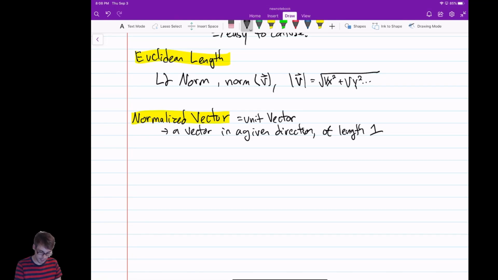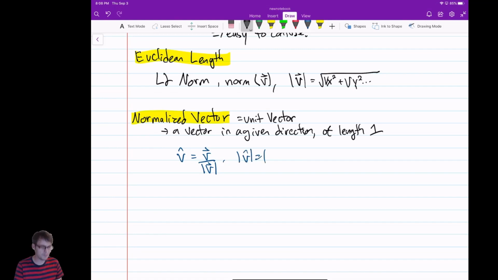Okay, and this should look familiar. It's sometimes written with a hat on it. If I have a vector like v, I can normalize it by dividing it by the length of v. And if I do that, then the length of v hat is going to be 1.